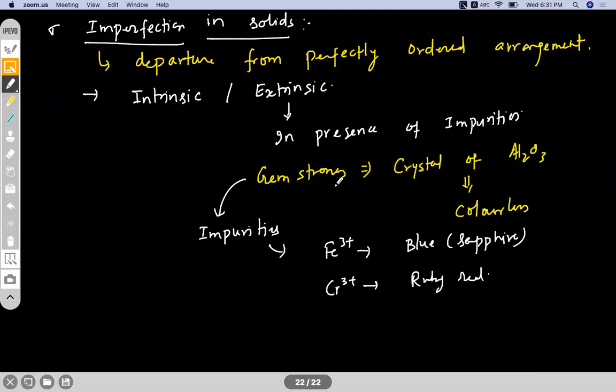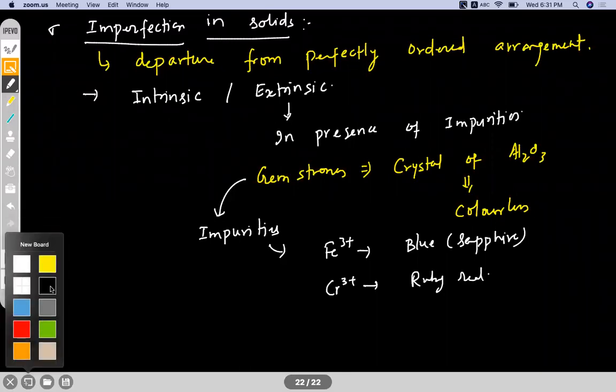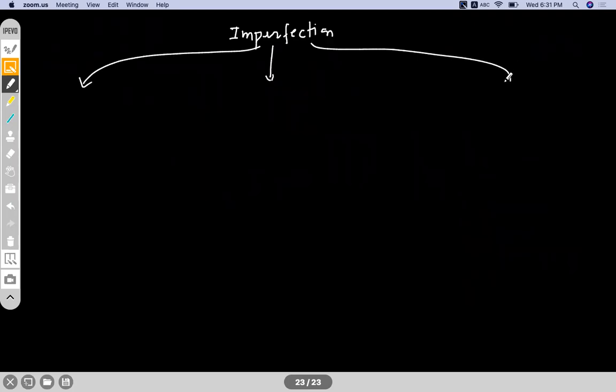Now, imperfection we have three types. Mainly we have two types, but a total different classification of imperfection. You see, we have three types of imperfection. First one is electronic imperfection.